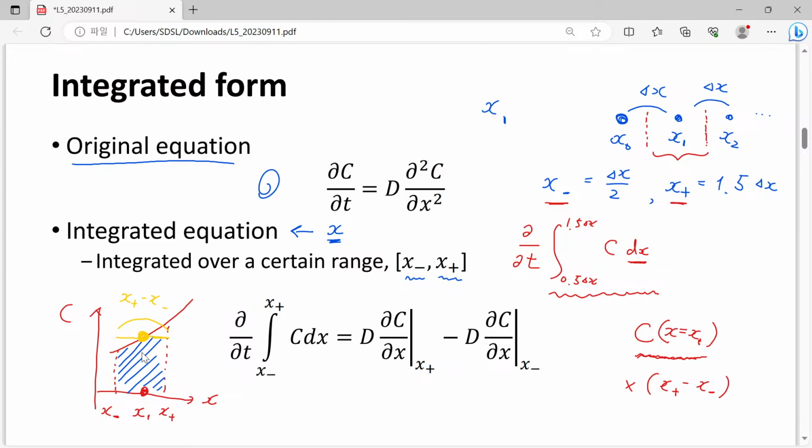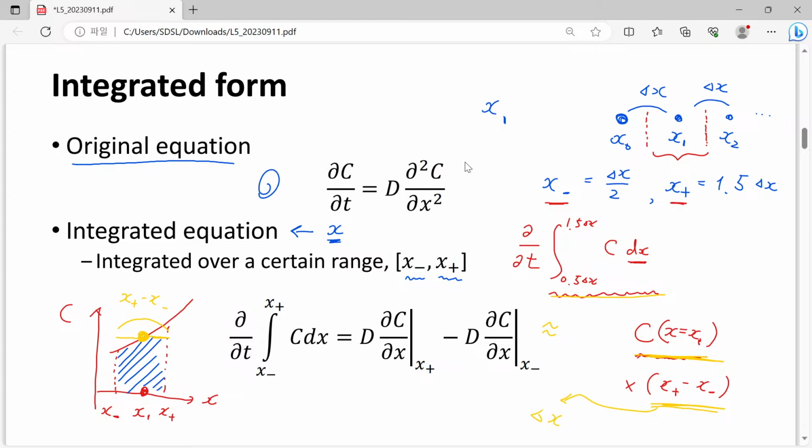Of course, in reality, in mathematics, we have to make our x plus and x minus quite close to x1. However, we have limited capability of approaching 0. So instead of that, we have made a simple approximation, taking the representative value and multiplying the length of our integration domain. So now this one can be well approximated by this one. And what is it? x plus minus x minus was delta x.